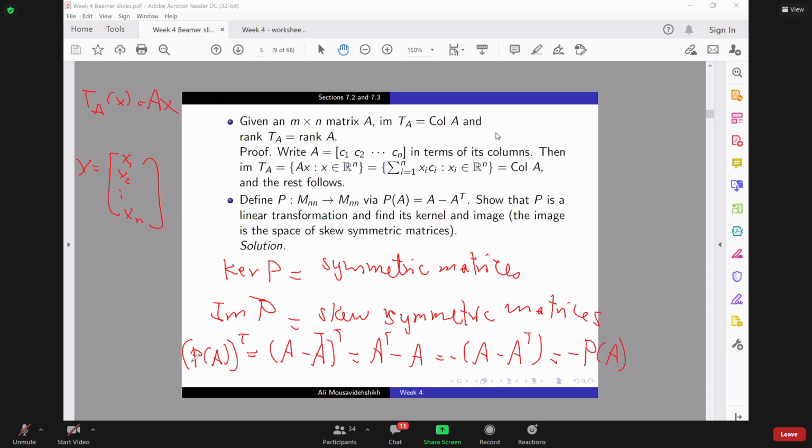In other words, all the matrices in your image have the property that their transpose is equal to their negative. And these are known as skew symmetric matrices. Any questions so far?